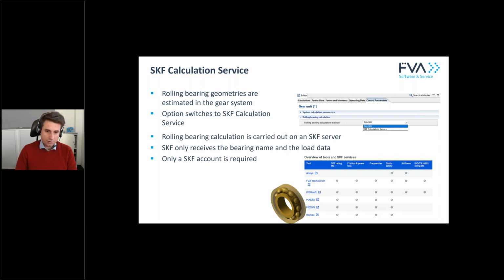SKF is getting the bearing name and the load from the system simulation, and the only input from your side is your SKF account credentials. You can register at skf.com for a My SKF account. It's for free, and then you can input the credentials into the FVA-Workbench, and then you have access to all the simulations here.